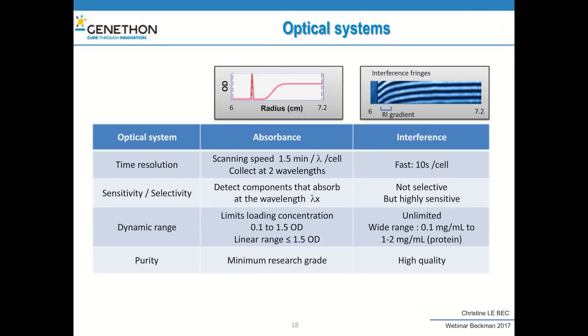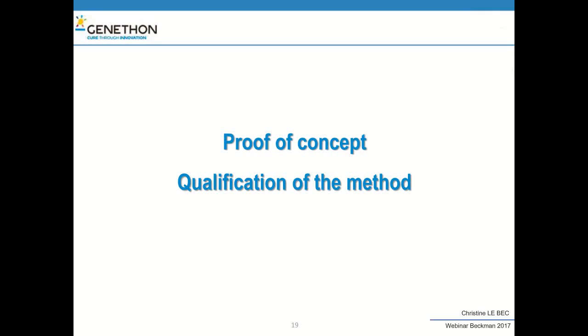For interference, the dynamic range is unlimited, with a very wide range from 0.5 milligram per ml to 2 milligram per ml of protein. The protein needs to be at a minimum research grade, and interference needs high quality and is very dependent on your buffer.